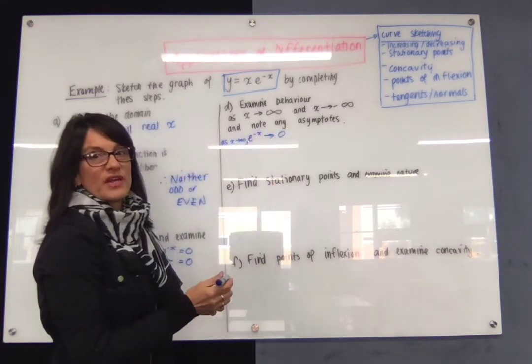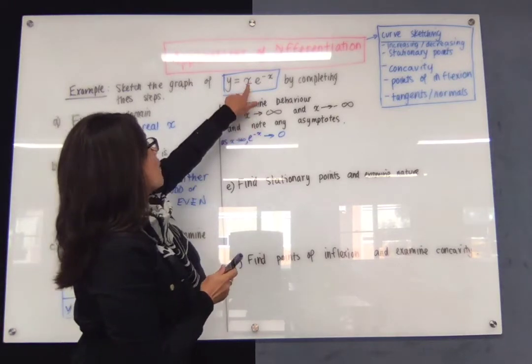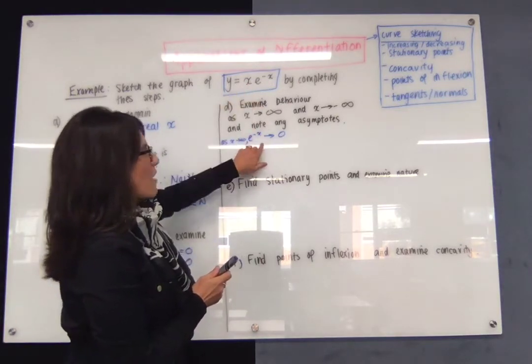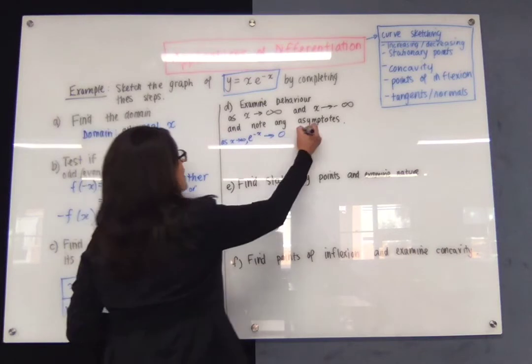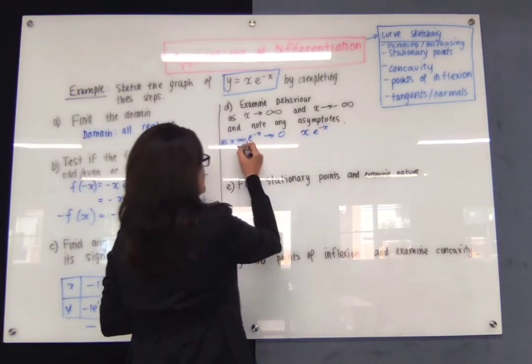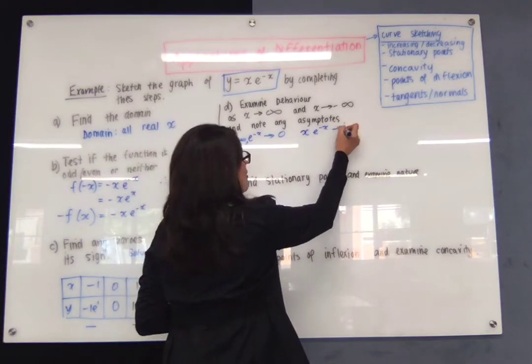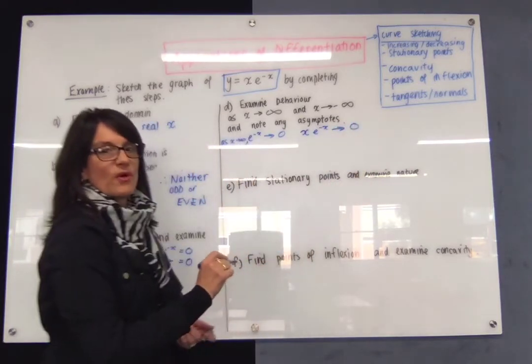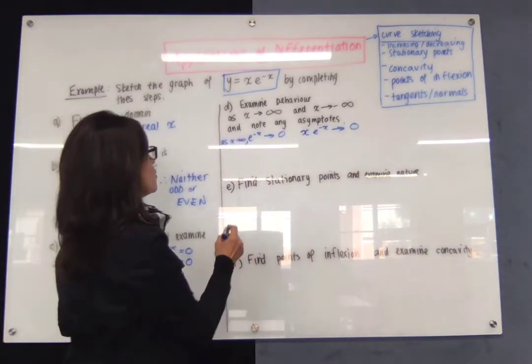That's going to get really small. So when we multiply x by a really small number, x times e to the negative x, as x is becoming large, is going to approach 0. It's going to get much smaller.